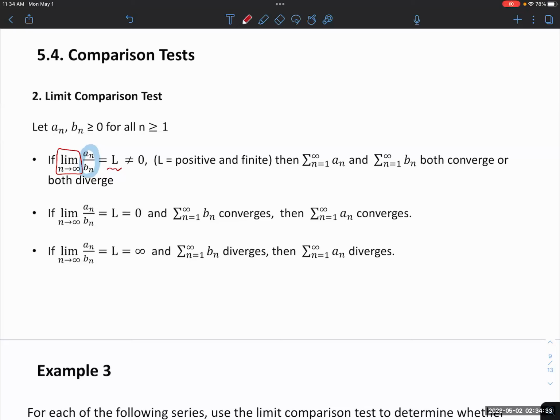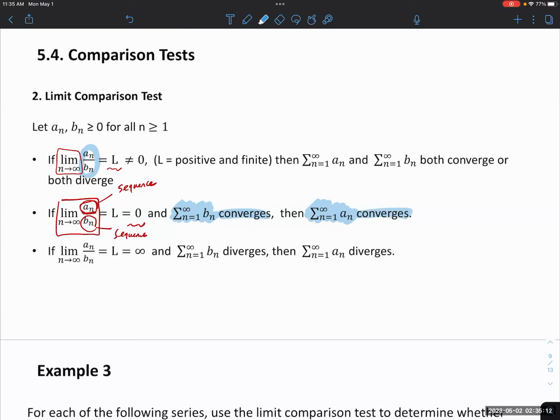So what I'm saying is, from the limit concept, if you prove that an over bn, where each an and bn is a sequence, is divided by each other, and the limit is exactly equal to 0, that implies that the series of bn and the series of an should both be convergence.